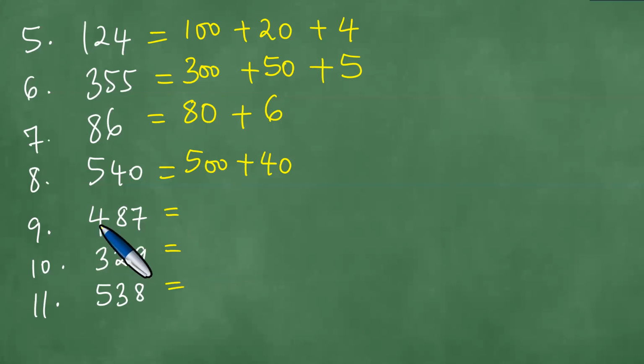The 4 has 2 zeros, it is 400. The 8, because the second one is digit number 2, you put it with 8 and 0. Digit number 3, you put it as 7. You get the point.